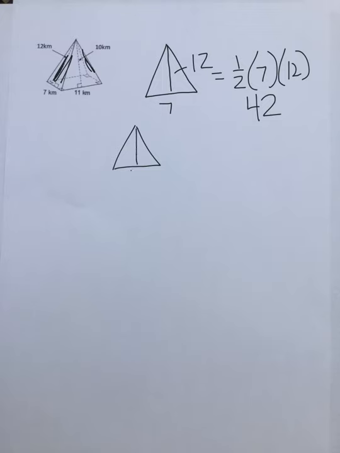So the area of each of those, since it's a triangle, is 1/2 times 7 times 12. So the area of the left and the right are both 42. The triangles in the front and the back are 11 by 10 triangles, so they have areas of 55.